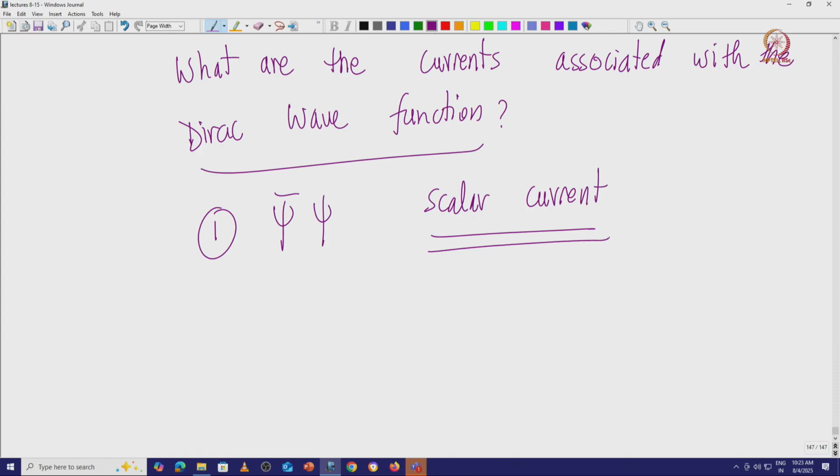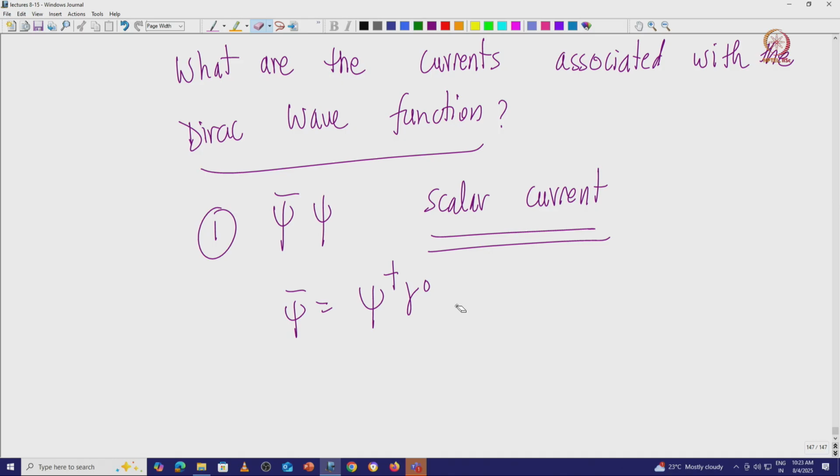So psi bar psi: psi is a spinor, psi bar psi is a scalar. Psi bar is equal to psi dagger gamma 0, where dagger is nothing but the Hermitian conjugate.